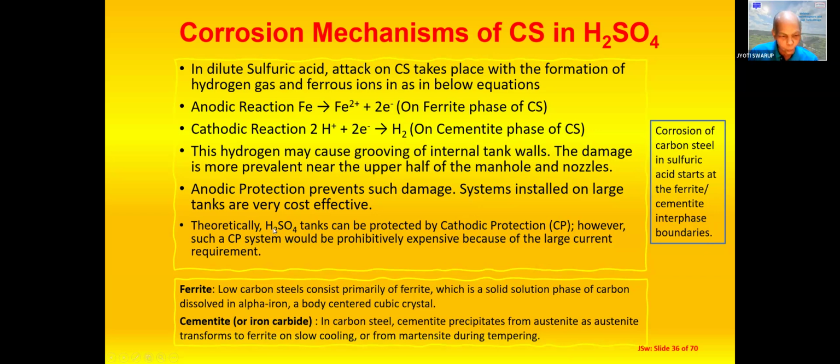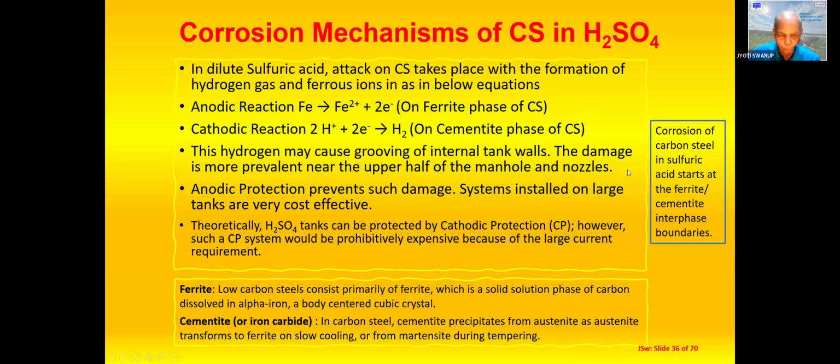Now, what we can do is prevent this corrosion by putting in anodic protection. Systems installed on large tanks are very cost effective. Now, I'm sure many of you have heard of cathodic protection for storage tanks, but for acid tanks, cathodic protection may not work because it will require a very large current. Therefore, we have a system called anodic protection of the storage tanks, which is different from the cathodic protection of the tanks.